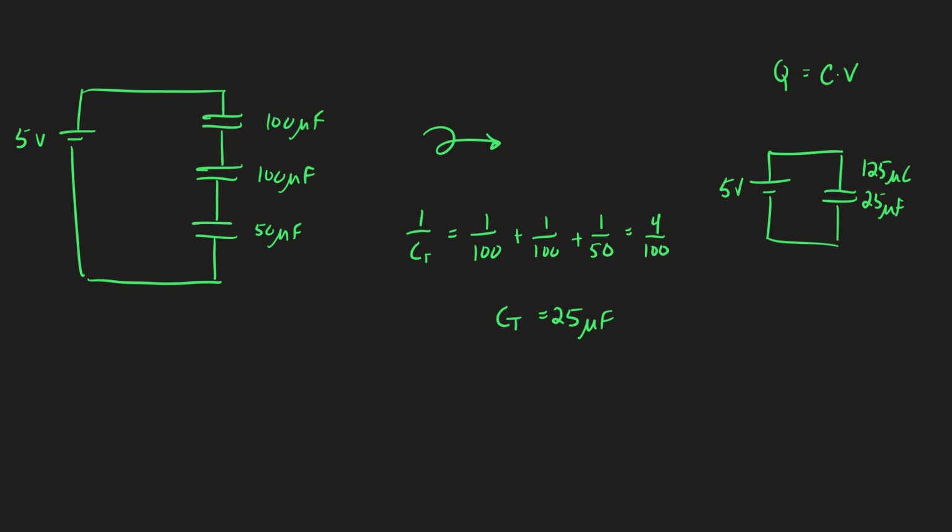Now this part, stepping back to your previous circuit, we are going back to a system that's in series. I'm going to be very clear about this. Series capacitors have the same charge.